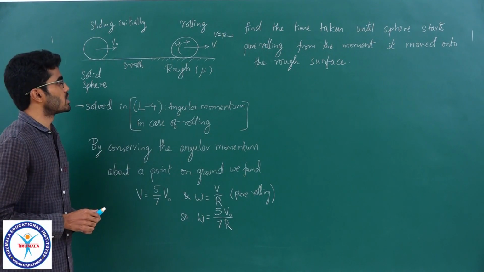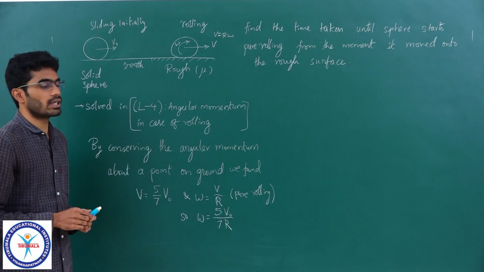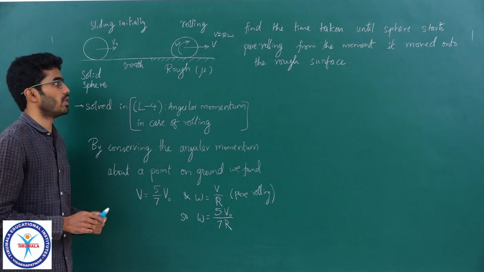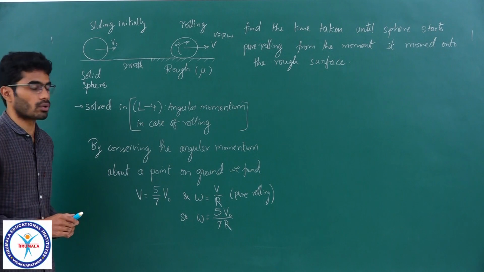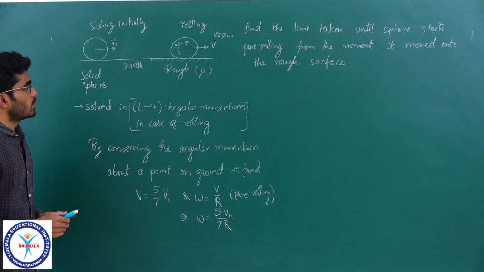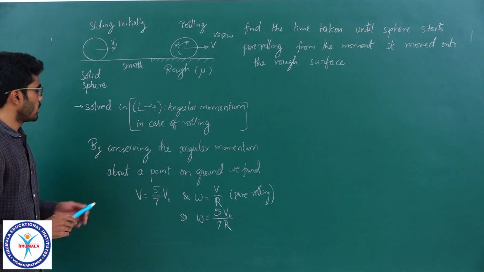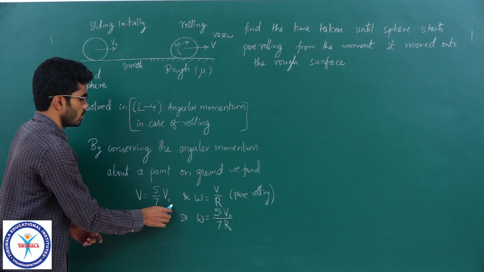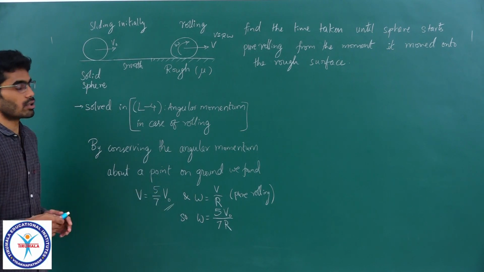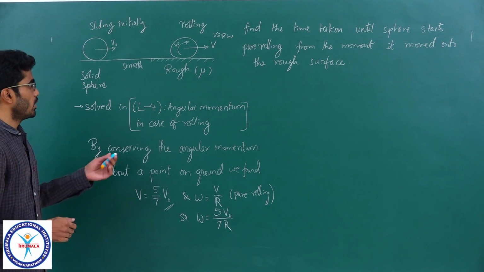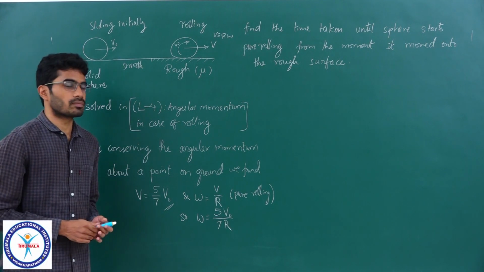In the earlier question, we were asked to calculate the final speed when it finally performs pure rolling, and we have calculated it already and got the answer 5/7 of the initial velocity. I want you to go through that video.